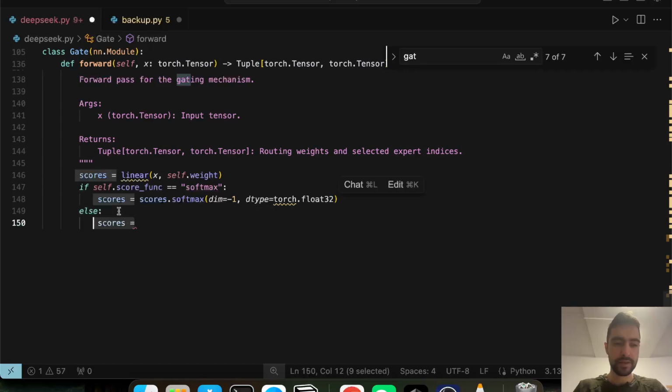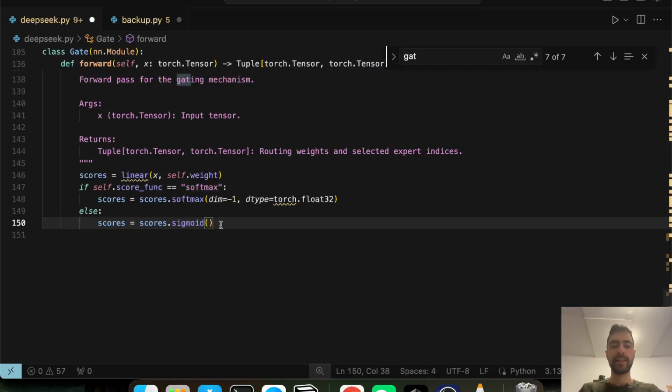But if we have sigmoid instead of softmax, we will just apply it, and the scores will now not add up to 1 necessarily. So we will later divide them by the sum of them to make them all add up to 1. So we will manually make them add up to 1.